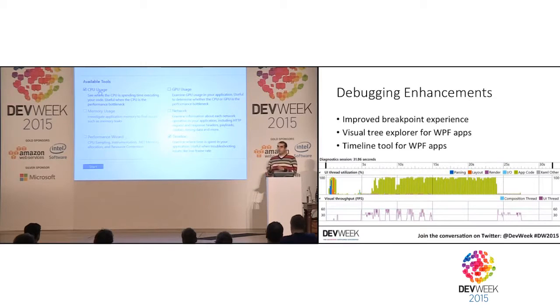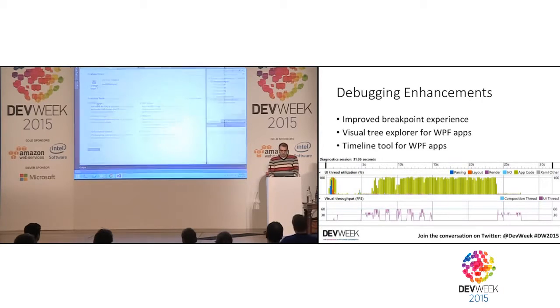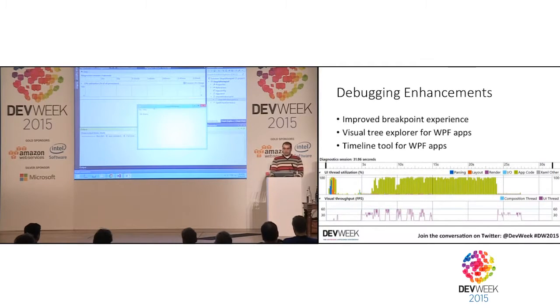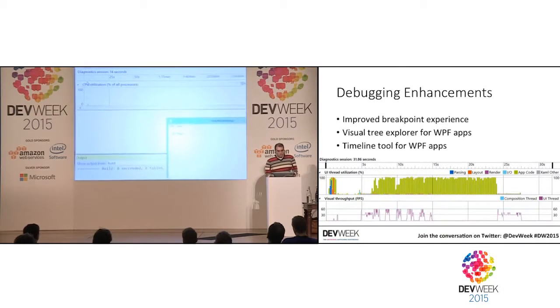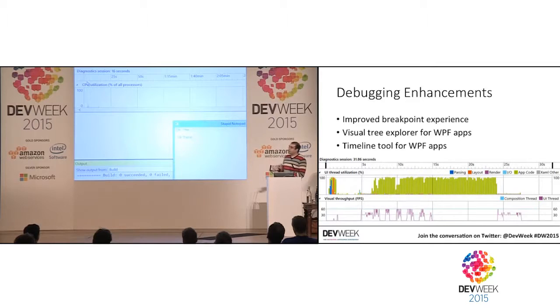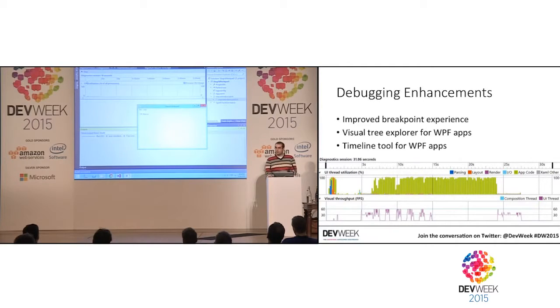But the timeline tool is really brand new. So I'm going to run the application under this new responsiveness tool. And you'll notice in the background, even though I haven't stopped the application yet, there is already this sort of dashboard showing right now CPU utilization, and there's a couple of additional things down there that I'll show you soon. So I'm going to start typing again.